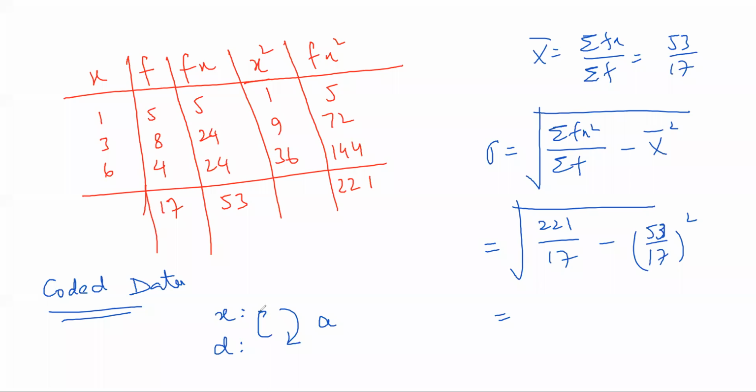When you go from original to the deviation, you just add or subtract this a. But if you want to get the mean through this coded data, you have to put this a back into the data.